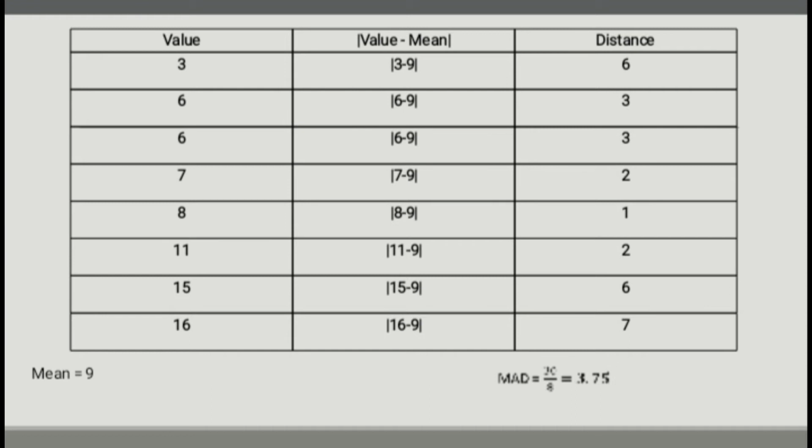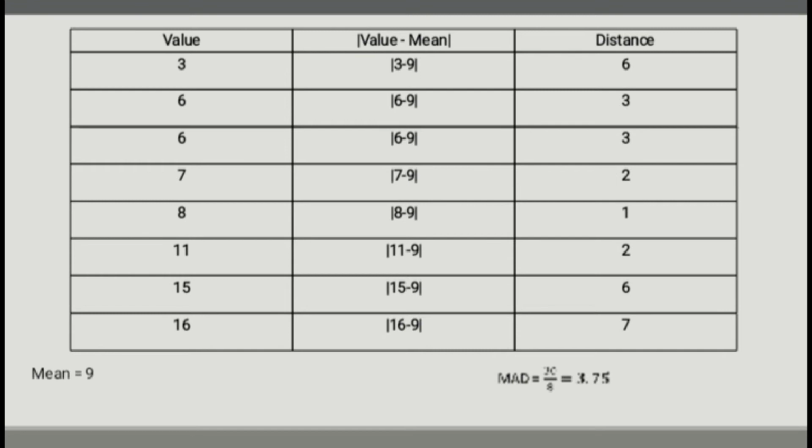Next, the second value is 6. Subtract 9 from 6. It will be negative 3, and inside the absolute value, it will be positive 3. Next, 6 again. 6 minus 9 is negative 3. Inside the absolute value, it will become positive 3.